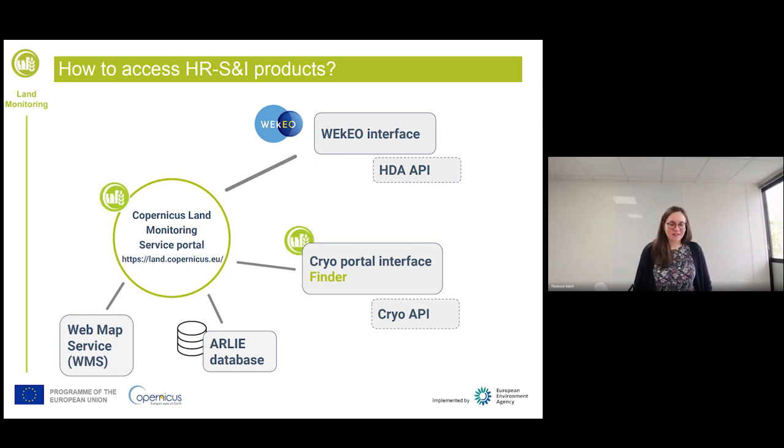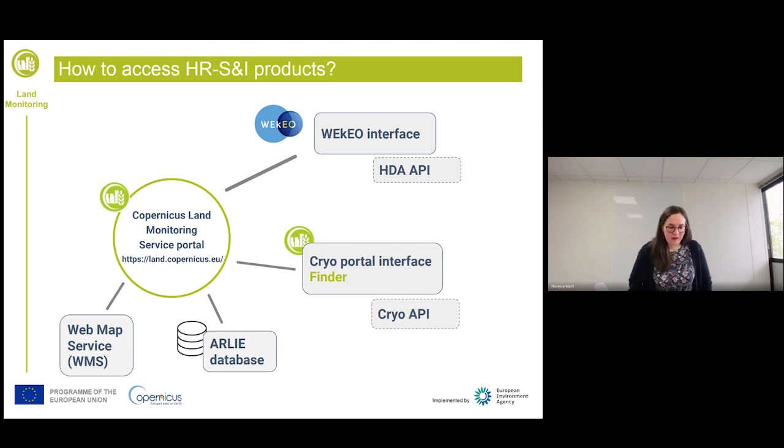And this DIAS is not only an interface to access the products, but it also provides some computational resources. And this is what the production relies on every day. Every day we open virtual machines, etc. So this WEkEO portal is providing a single access to all Copernicus products, and we are going to develop it just after.